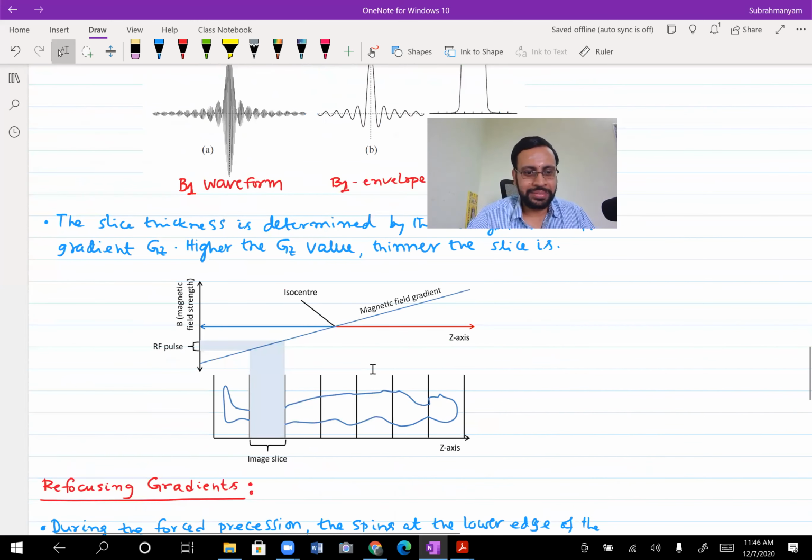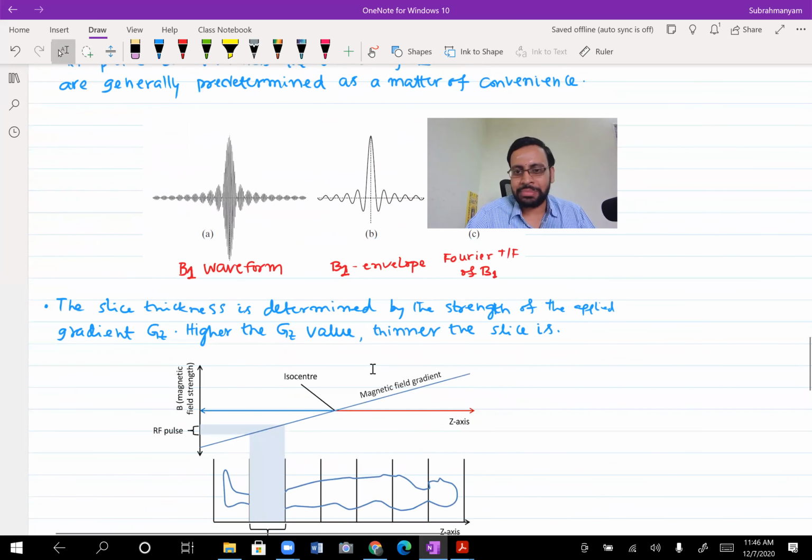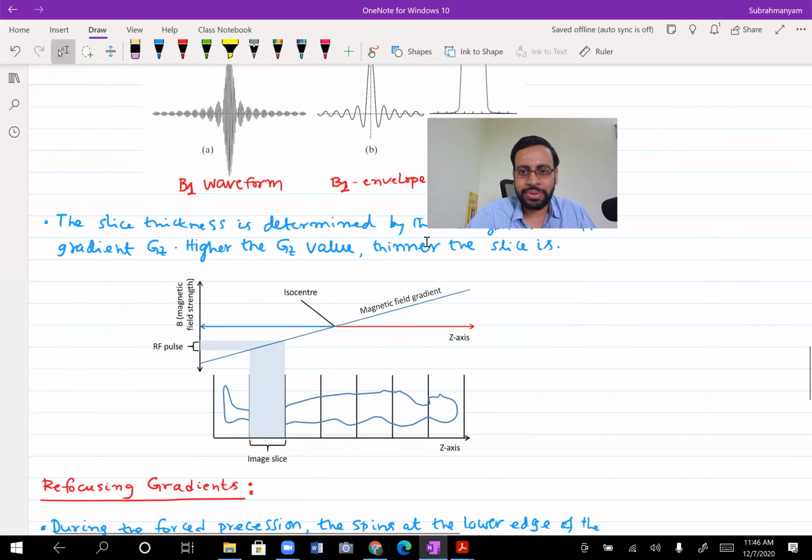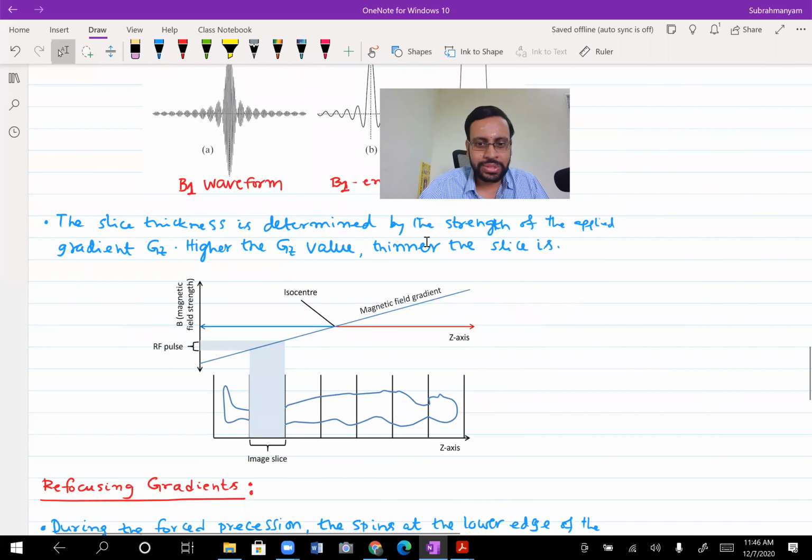I'll move forward. Okay, so this again, I'm showing using an illustration that I grabbed from the net, from some other source. So what is happening here? Depending on your RF pulse, you know at which frequency you would be getting a response.